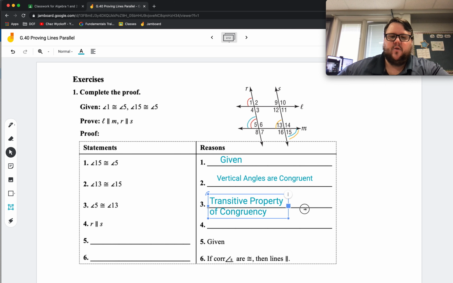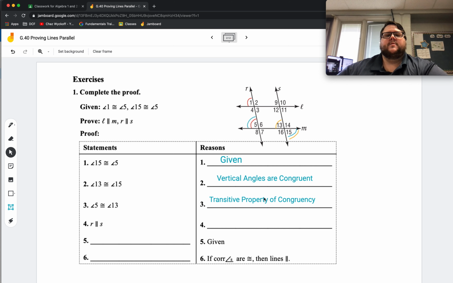Because of that, we notice now that the two corresponding angles are congruent, and if corresponding angles are congruent, then the lines are parallel.